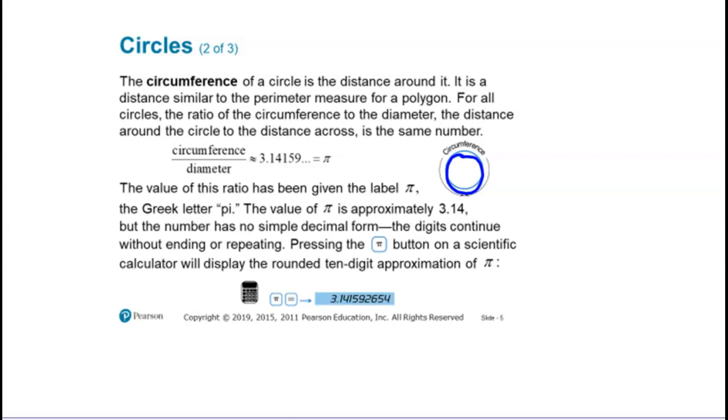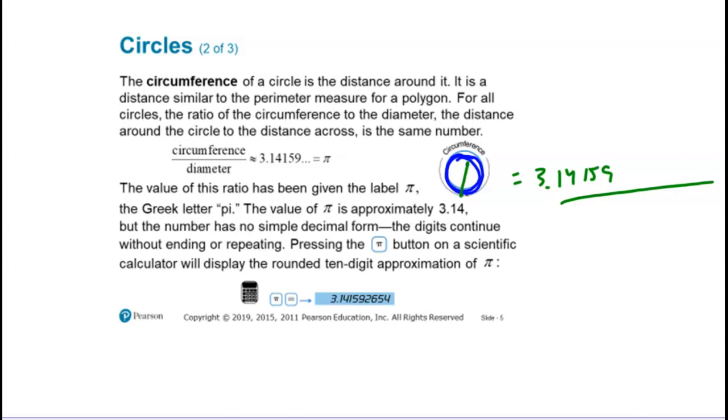If you take the distance around the circle and then divide it by the diameter, every single time you will always come out with 3.14159, and it keeps going on and on and on forever.